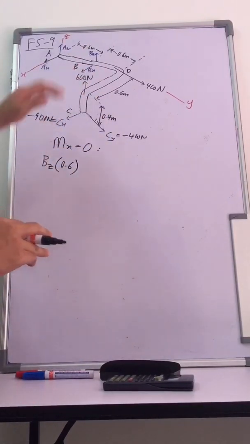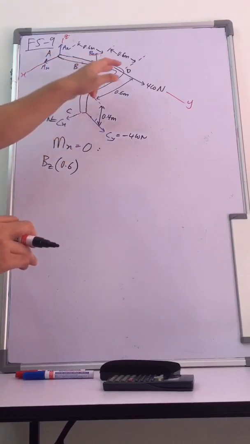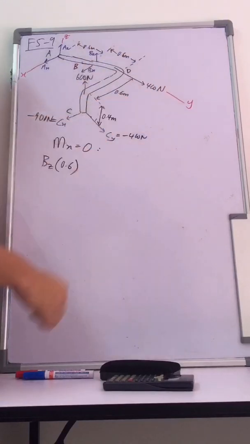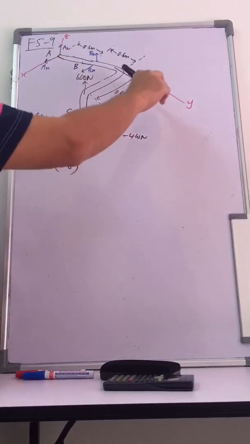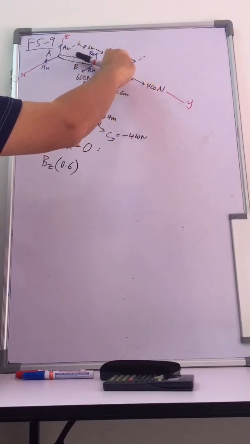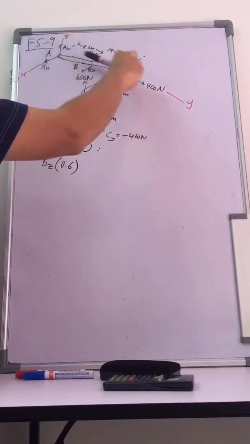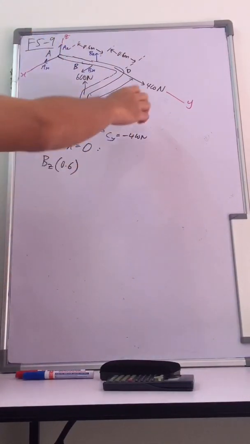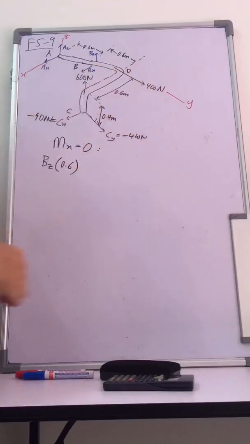Alright, and then how about 400 Newton? For 400 Newton, you don't have the moment around x. Why? Because if you extend this, this line of action will intersect the x-axis. Same like Az. So there will be no moment for the 400 Newton load around x-axis.